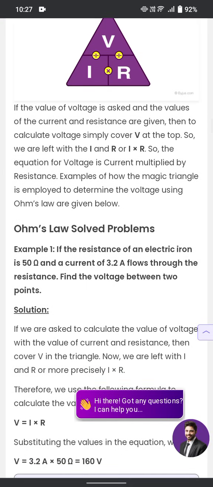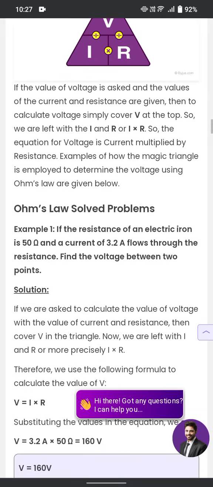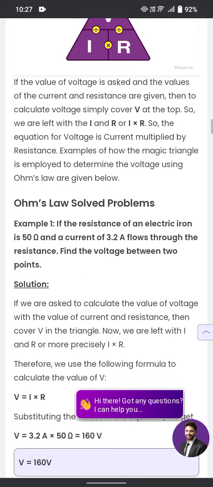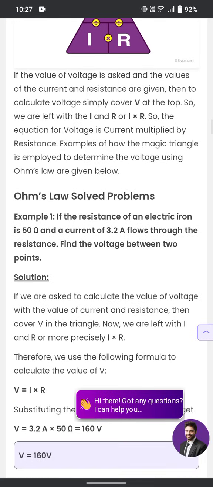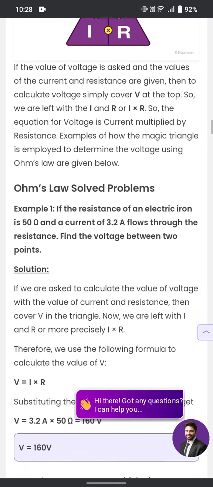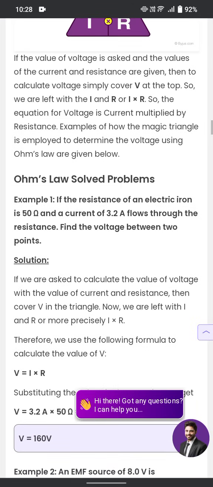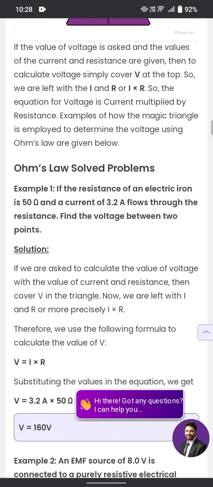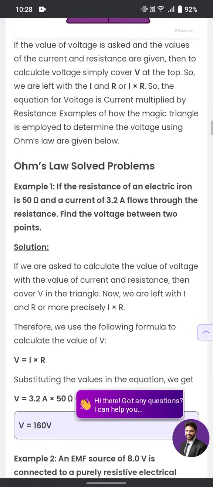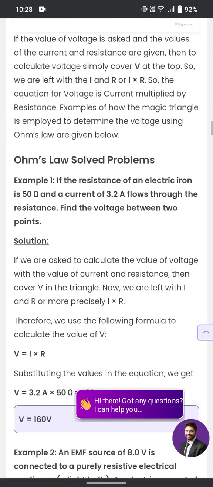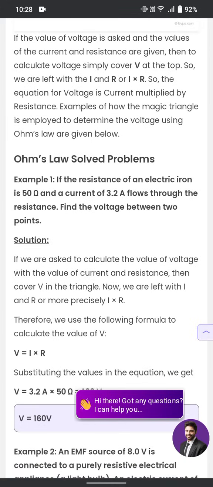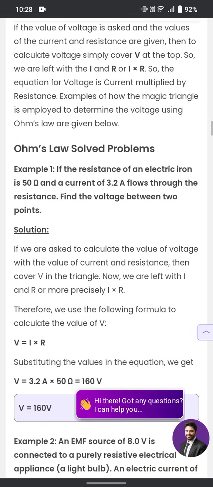If the value of voltage is asked and the values of the current and resistance are given, then to calculate voltage simply cover V at the top, so we are left with I and R, or I cross R. So the equation for voltage is current multiplied by resistance. Examples of how the magic triangle is employed to determine the voltage using Ohm's law are given below.